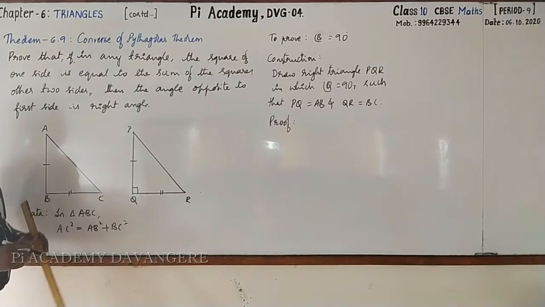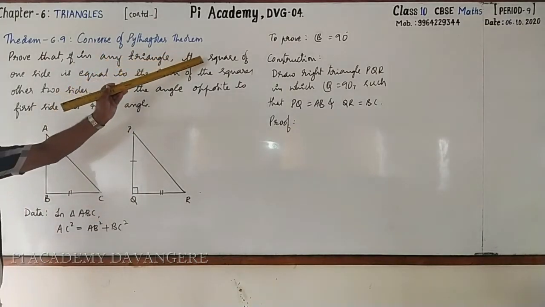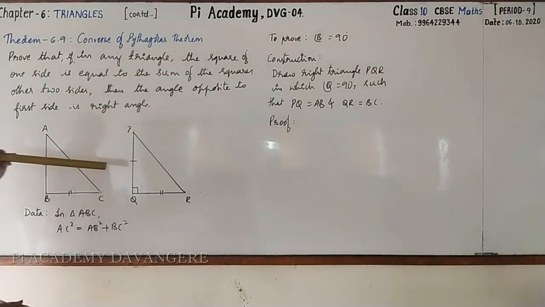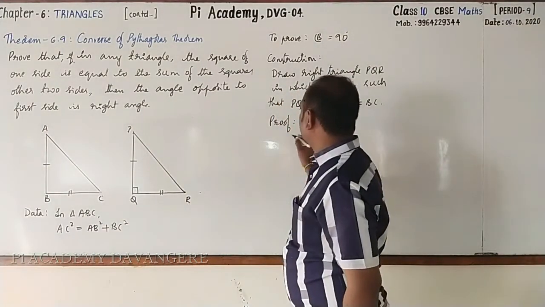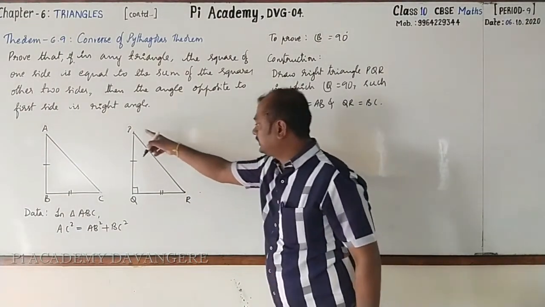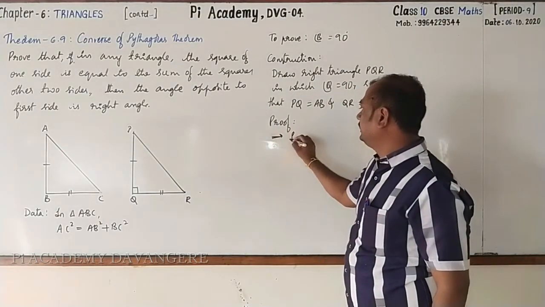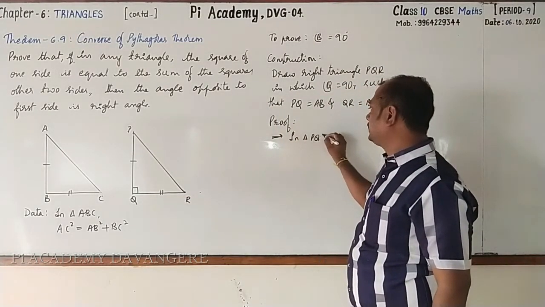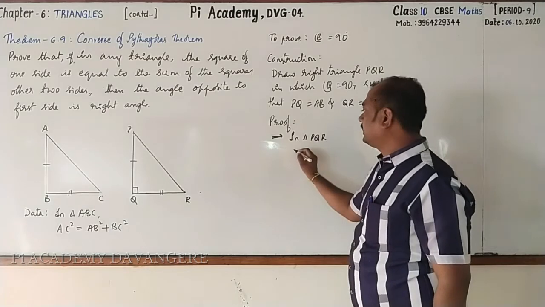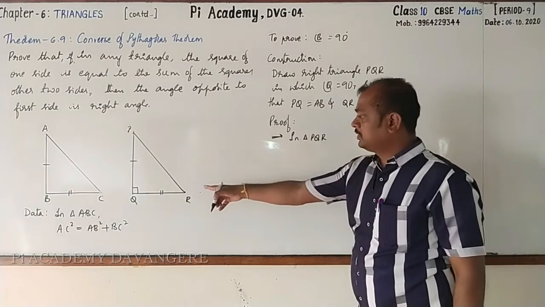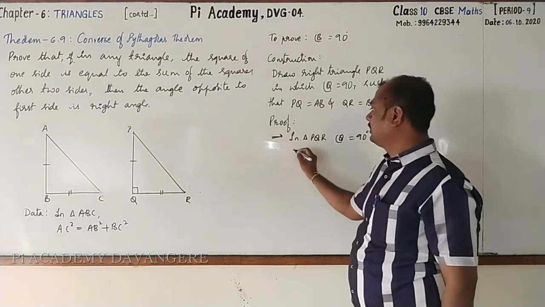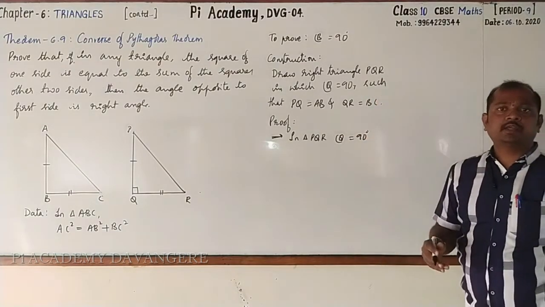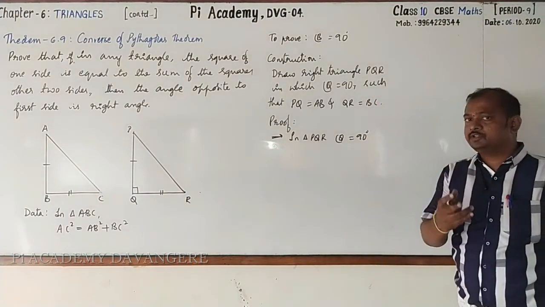Dear students, converse of Pythagoras theorem can be proved easily by proving both the triangles as congruent. So in proof, first I will take the triangle PQR. In triangle PQR, angle Q is 90 degree. Then what type of triangle it is? It is a right triangle.